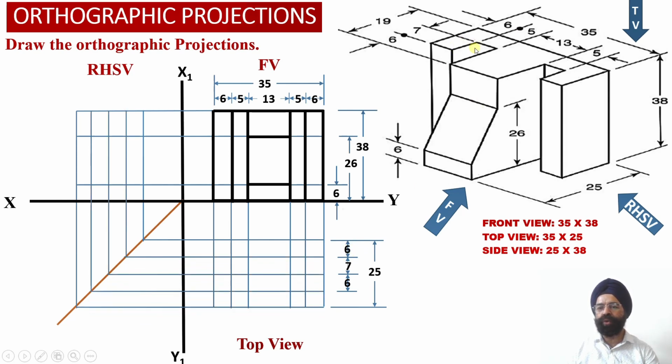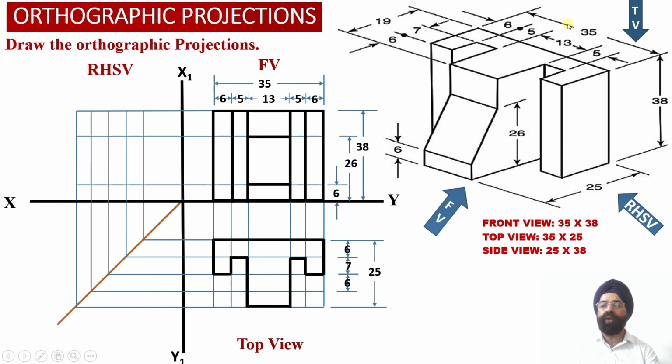Similarly, corresponding to the slot, we have marked a distance of 7 millimeter. Corresponding to the distance ahead of the slot up to this extreme point, we have marked a distance of 6 millimeter over here. So corresponding to these three distances, we have marked three horizontal projector lines into the top view projections, and these three horizontal projector lines have been appropriately transferred into the right hand side view projections over here.